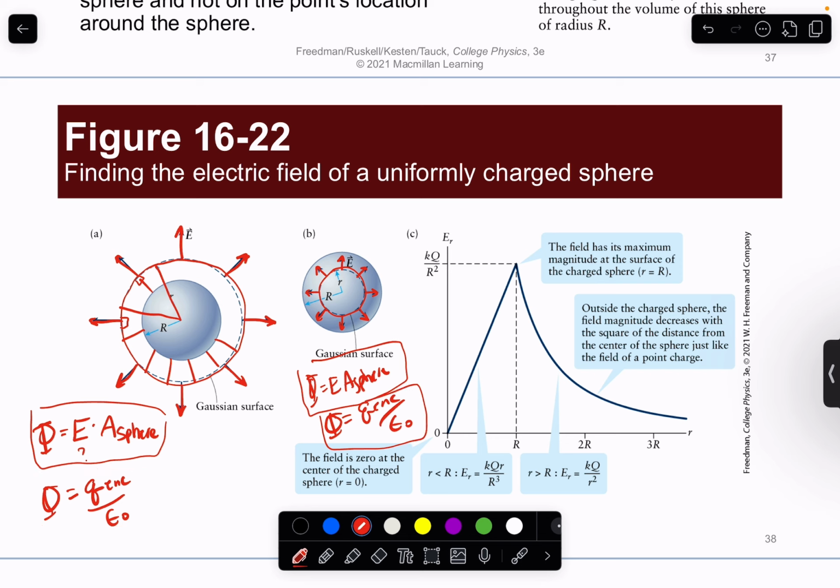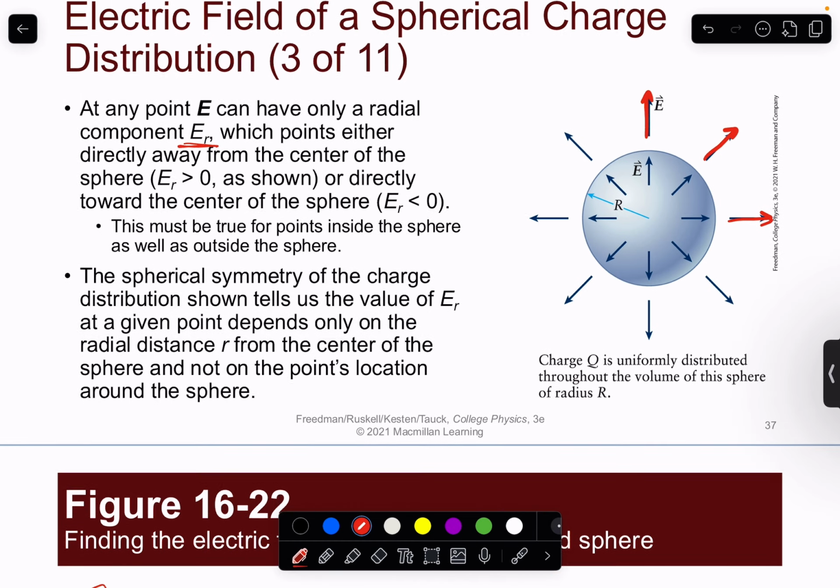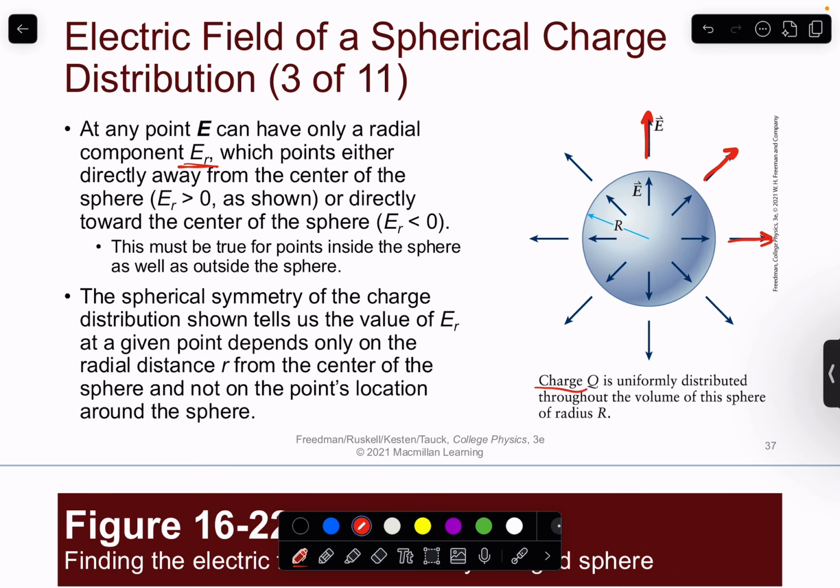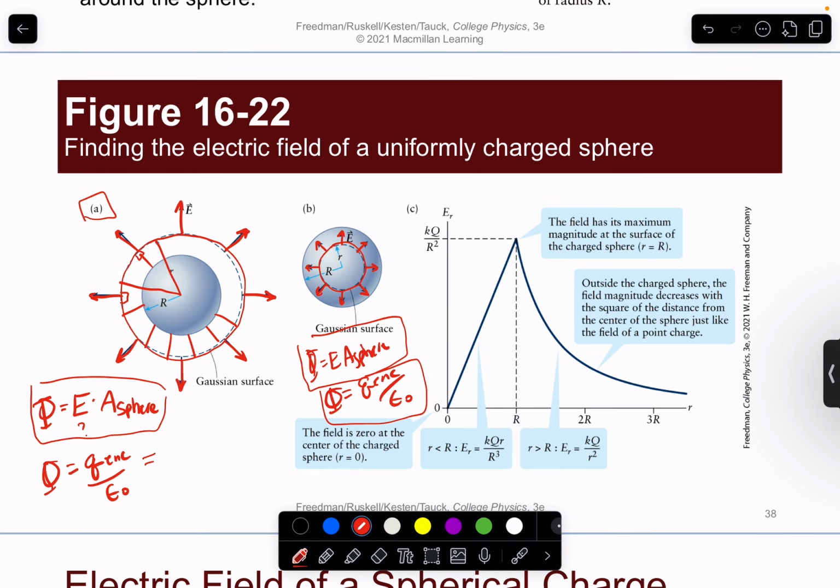So let's figure out, what is Q enclosed in this situation, part A? Well, the entire sphere is enclosed. The entire sphere has charge, big Q, right? So, big Q over epsilon naught.